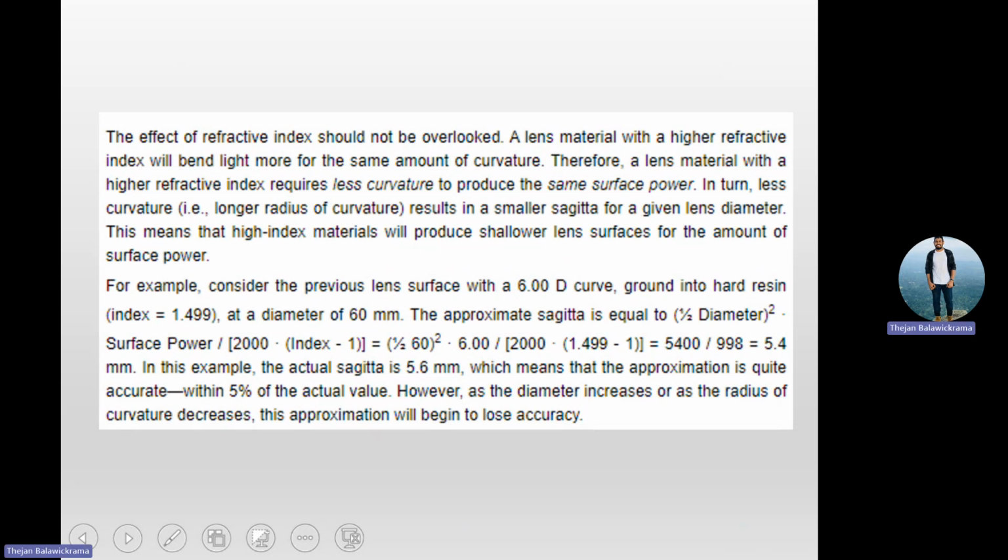Did you get it? We put it into this equation and fine tune it, and if we set these values like this, is our sagitta value right? I told you it's in millimeters.